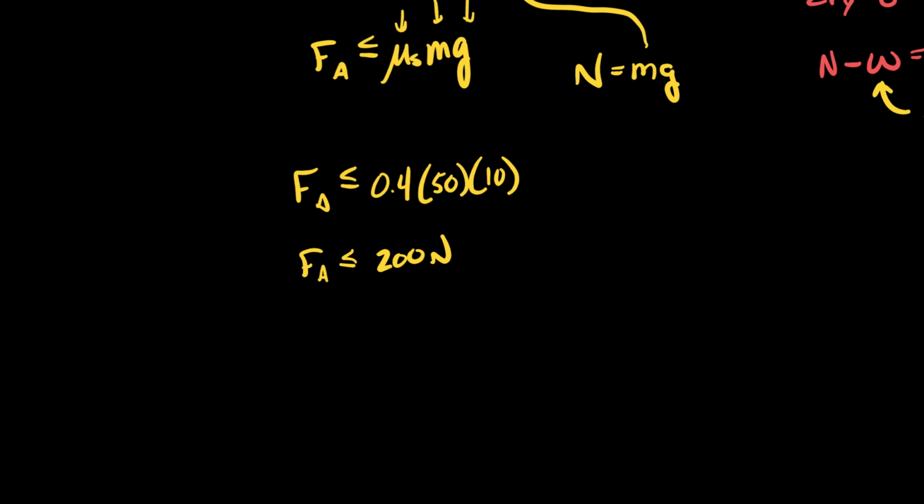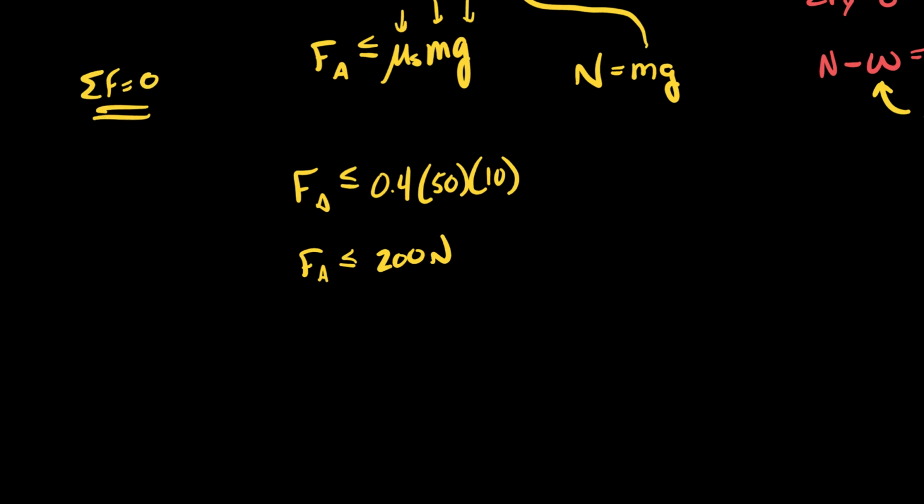Now, hear me out. The question said, how much force do I have to apply in order to get the box to slide? Remember the question? Now, what we did is we said the net force equals 0.